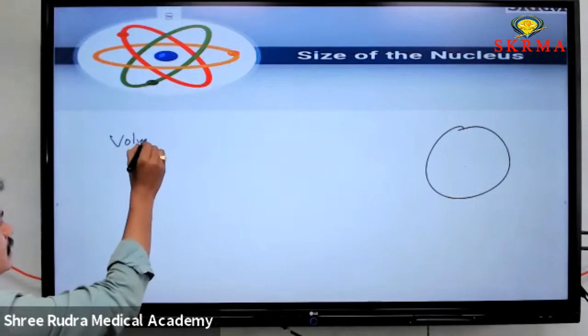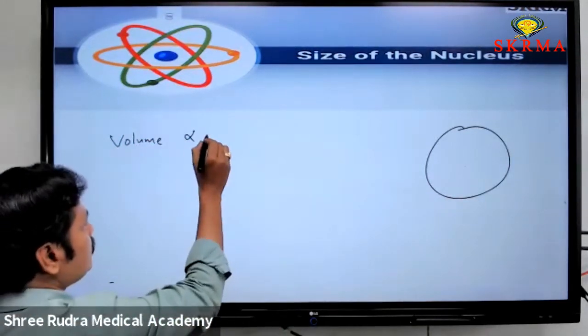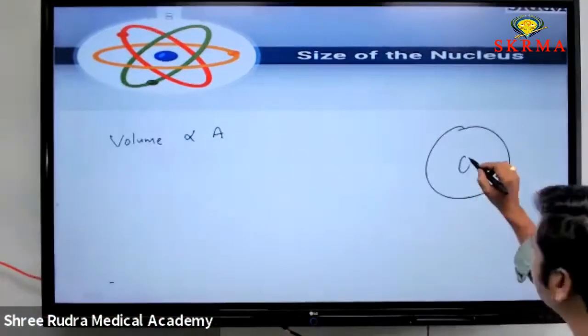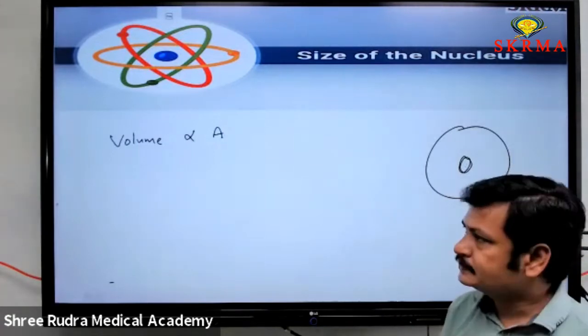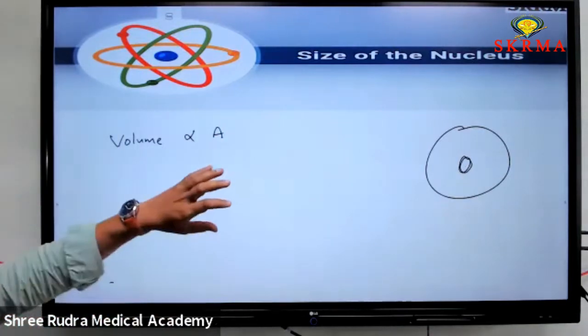The volume of the sphere is proportional to A. If it contains more nucleons inside the nucleus, obviously its volume is very high. That's why the volume can be expressed as it is spherical.